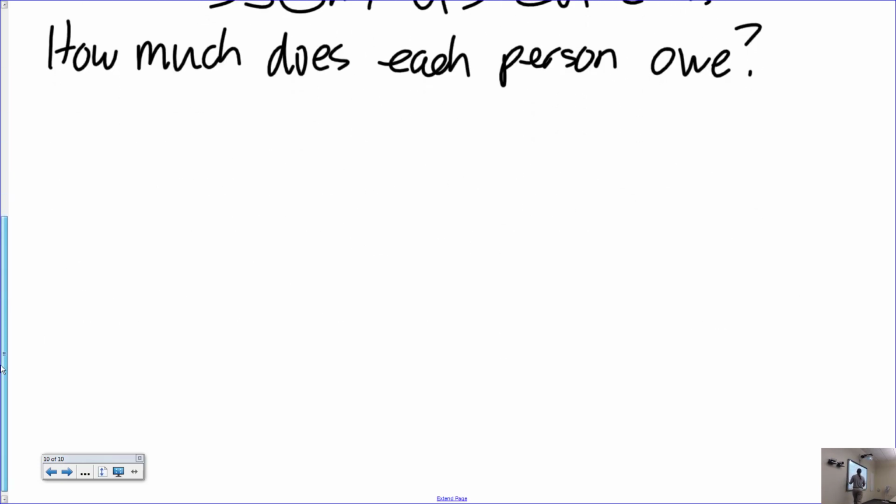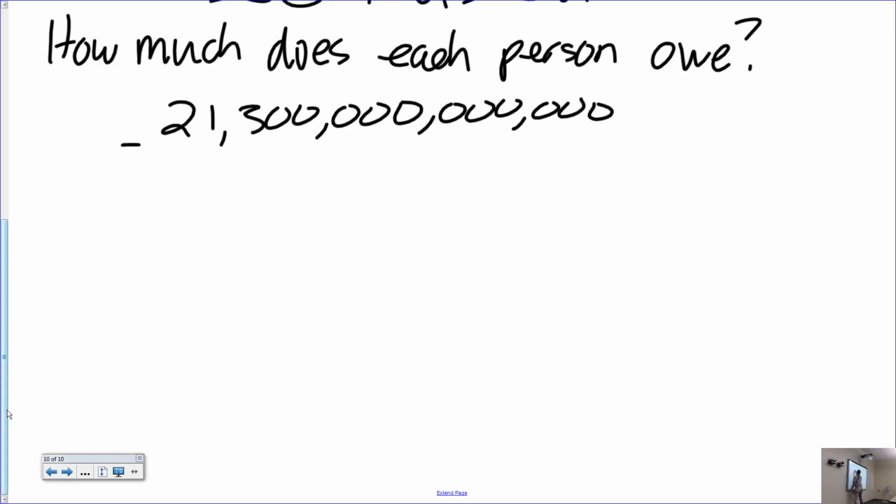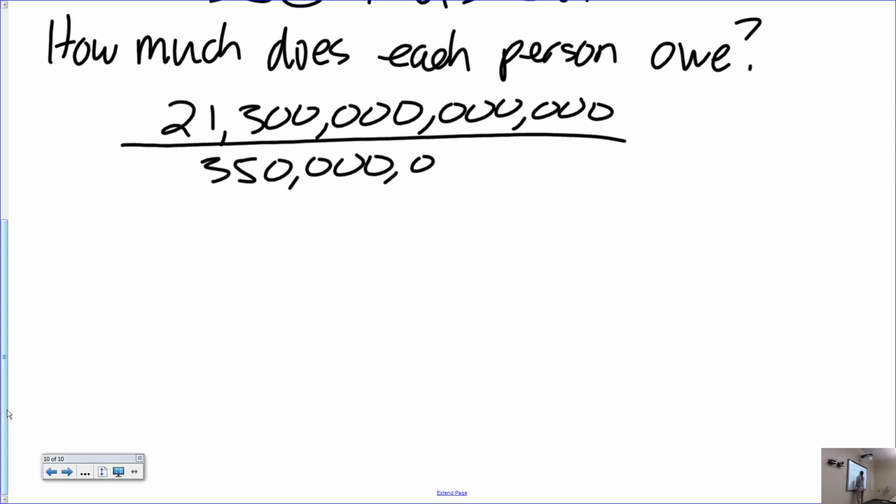Note, folks. Take 21,300,000,000,000 and write it over 350 million. Don't punch all those zeros in your calculator. Use your brain. You know what to do with the zeros at the end of this fraction.